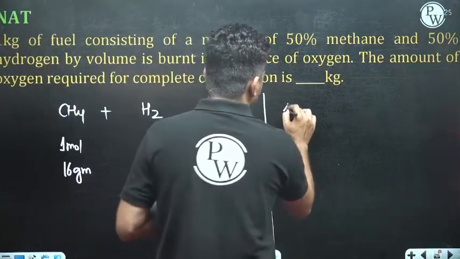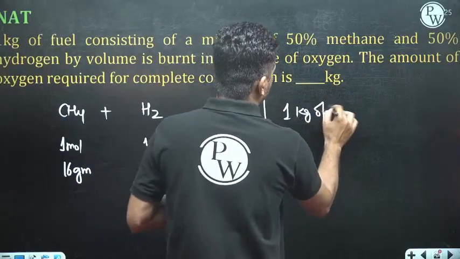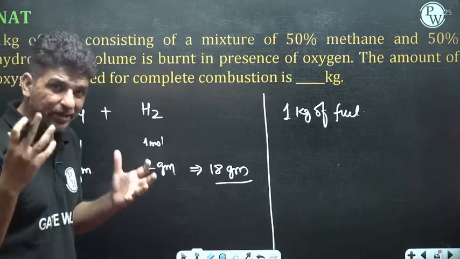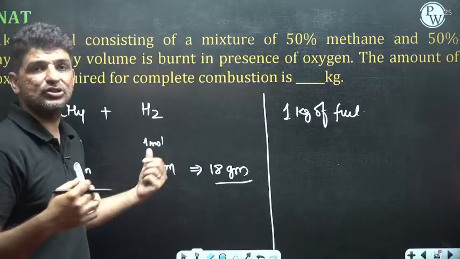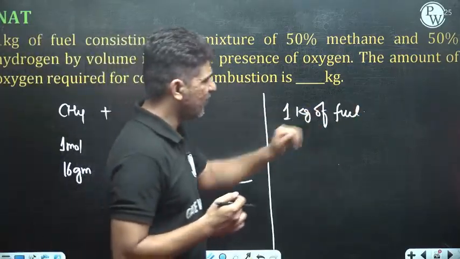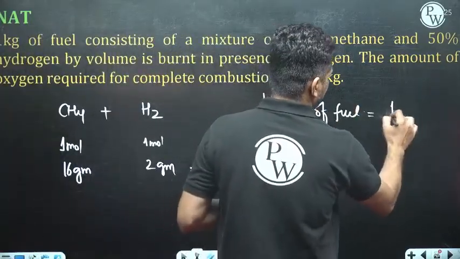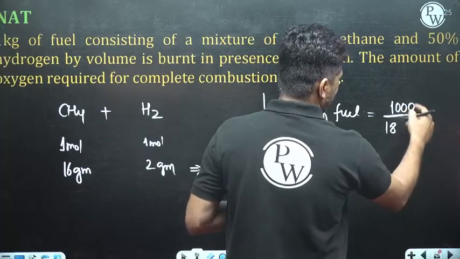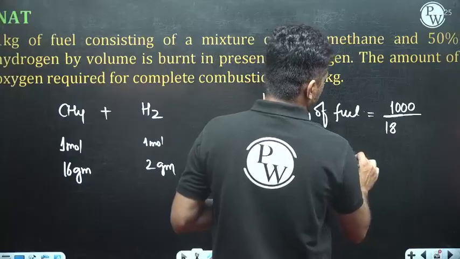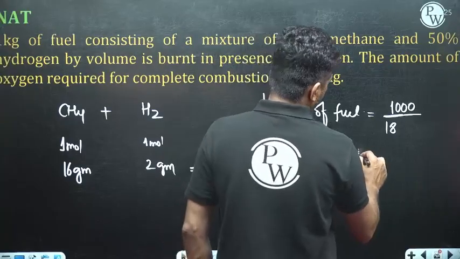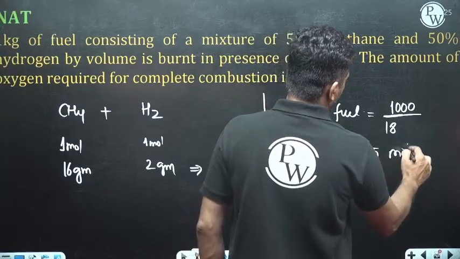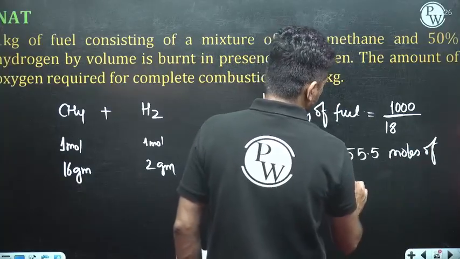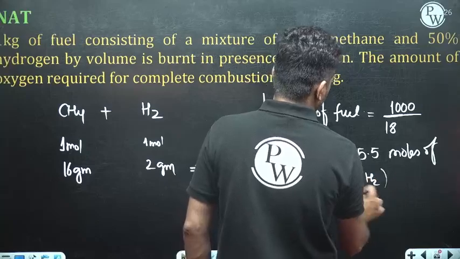So if I have 1 kg of fuel, how many moles of methane and how many moles of hydrogen do I have? I can multiply 1 kg, or 1000 gram, divided by 18. That is equal to 55.55 moles of mixture of CH4 plus H2.